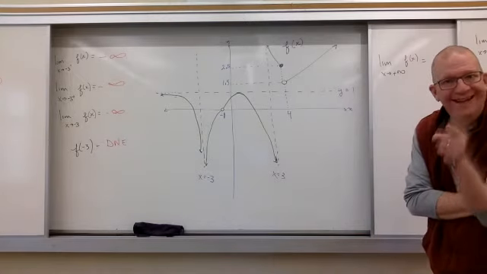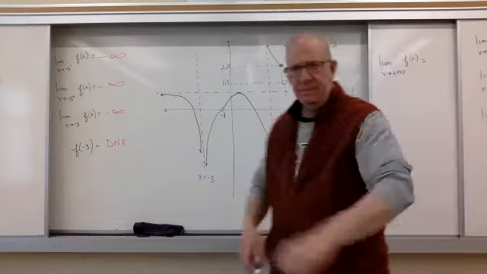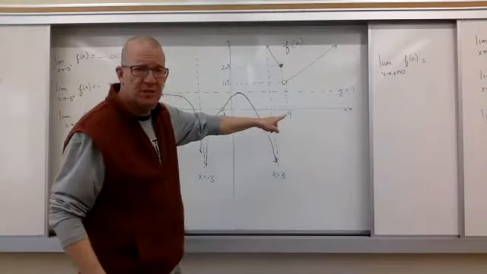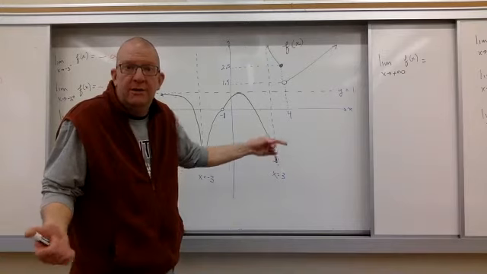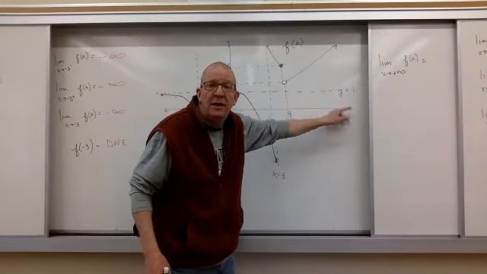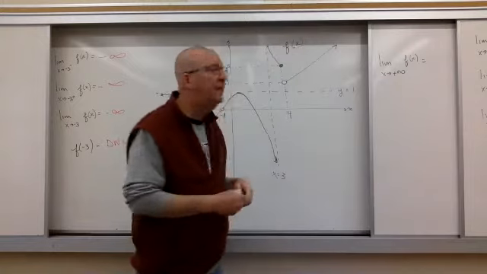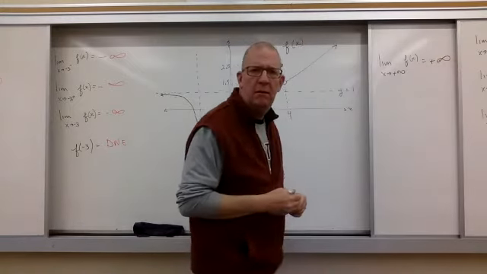The horizontal asymptote. That's right. What is the horizontal asymptote or slant asymptote? It is a slant asymptote. Look, as x gets really big, what's the curve doing? Shooting off. So we're going to say positive infinity.